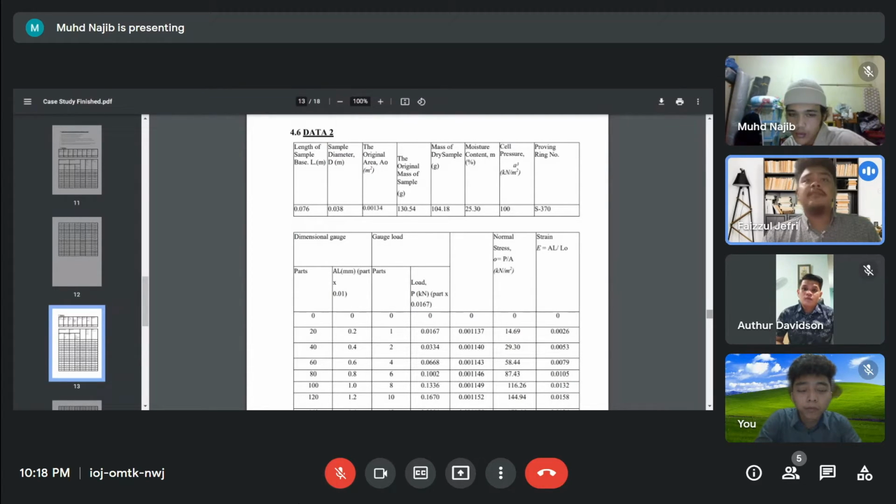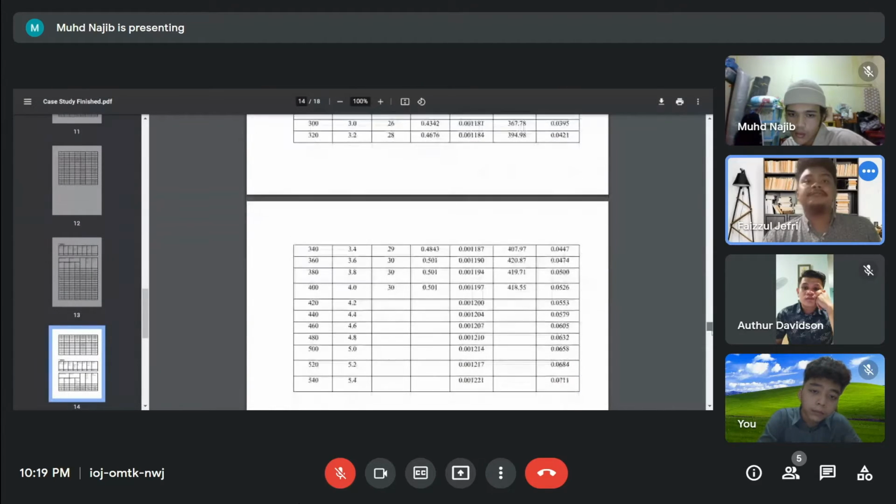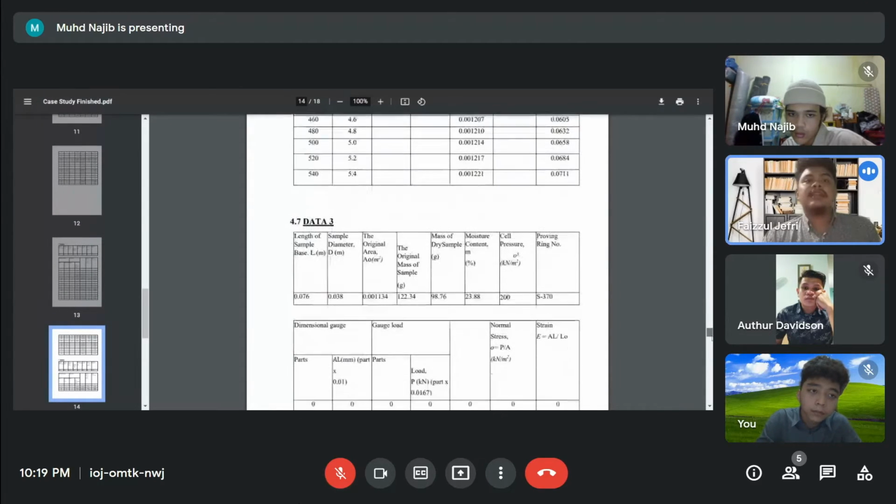Mass of dry sample in gram is 104.18 gram. Moisture content in percent is 25.30%. Next, we have cell pressure in kilonewton per meter square is 100. And then the proving ring number is S370. You can see the data. And then the last one is data 3.